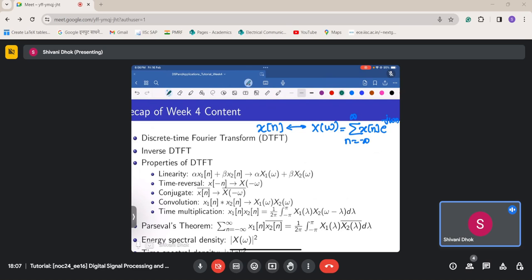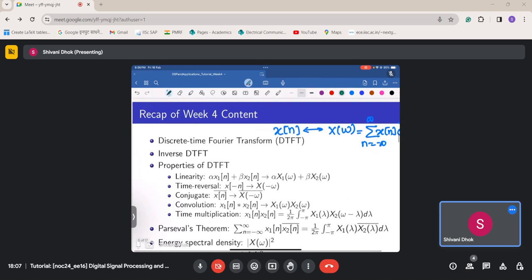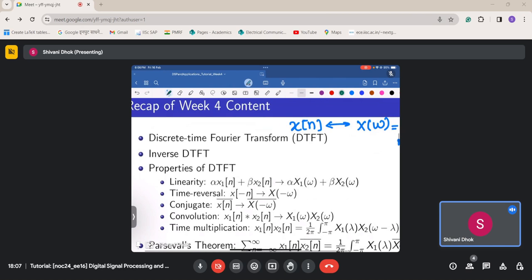If I want to reconstruct x of n from X of omega, then I have the inverse DTFT, which is 1 over 2 pi, integral over the range minus pi to pi, of X of omega into e power j omega n d omega.